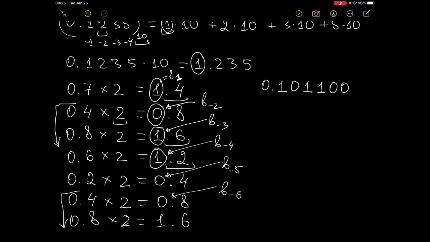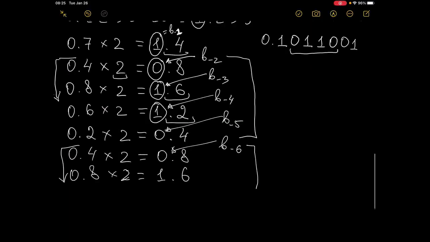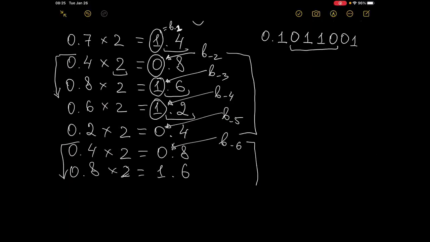So I will be getting 1, and this part will be repeating itself. So I will be getting 0, 1, 1, 0, 0, 1, 1, 0, and so on infinitely, right?